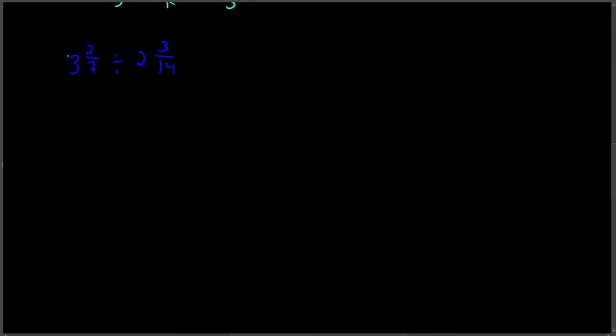So 3 times 7 is 21, plus 2 is 23, and I'm going to write it over the original denominator, 7. 14 times 2 is 28, plus 3 is 31, over the original denominator, 14. And so I'm going to turn this into a multiplication by the reciprocal. So 23/7 times the reciprocal of this, 14 over 31.